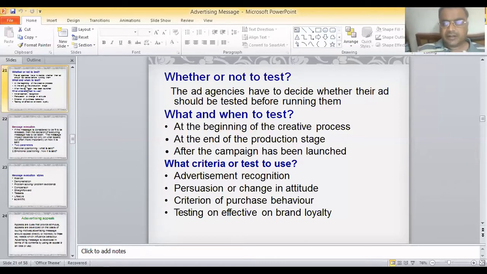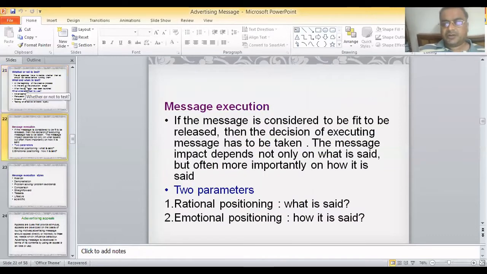Unaided recall is just the opposite of aided recall, wherein there is no aid provided, and the audience, or the group of customers, the focus group we have selected, have to recall the advertisement without any aid. So this was about testing the effectiveness of the advertisement.